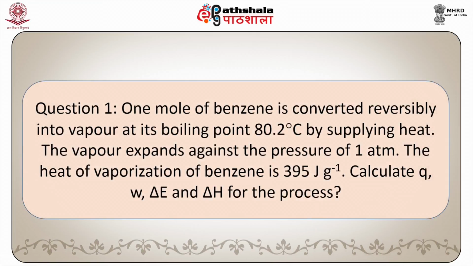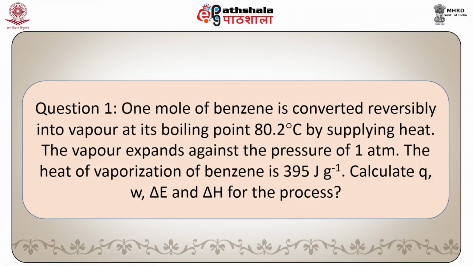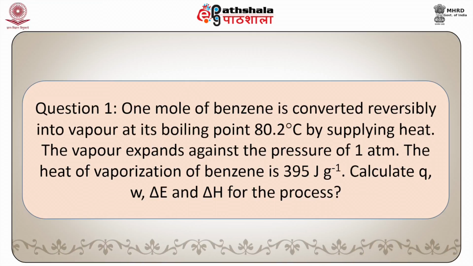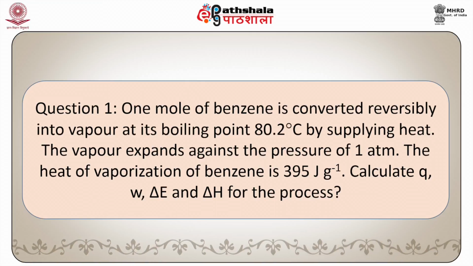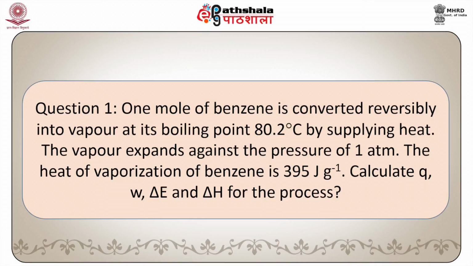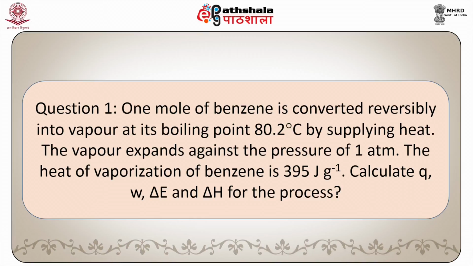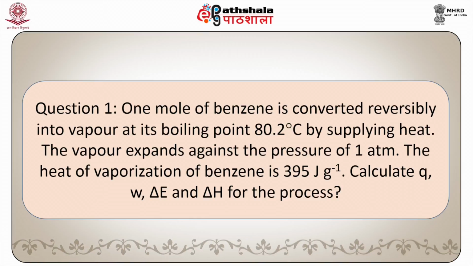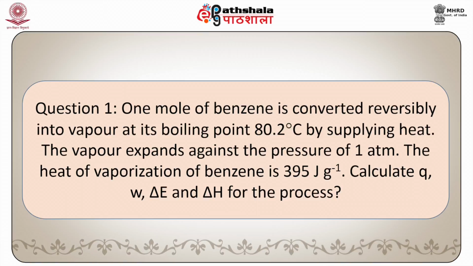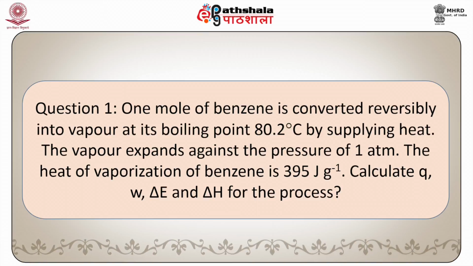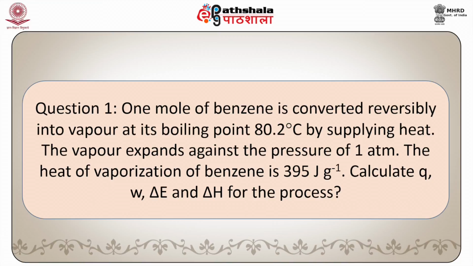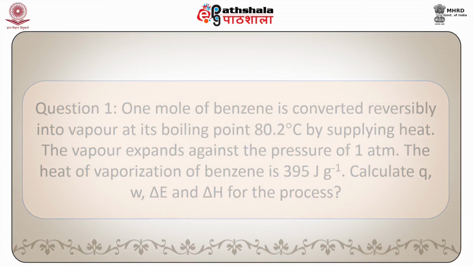Now, let us solve the numerical, which says 1 mole of benzene is converted reversibly into vapor at its boiling point 80.2 degrees Celsius by supplying heat, the vapor expands against the pressure of 1 atmosphere. The heat of vaporization of benzene is 395 joules per gram. Calculate Q, W, delta E and delta H for the process.